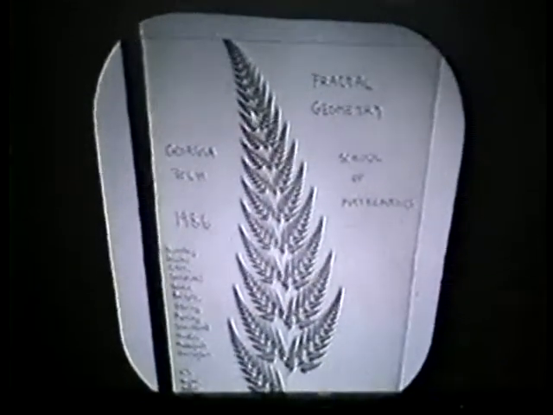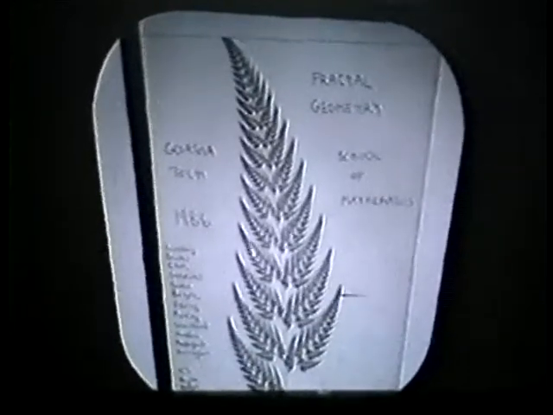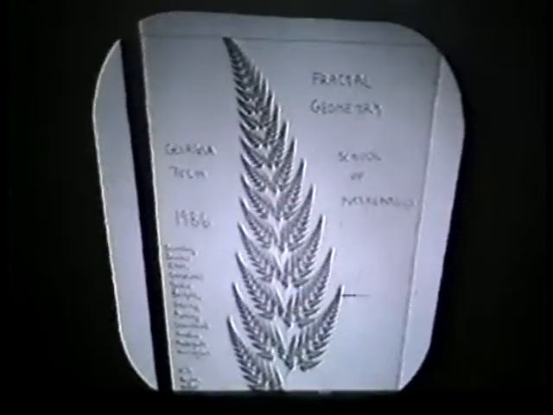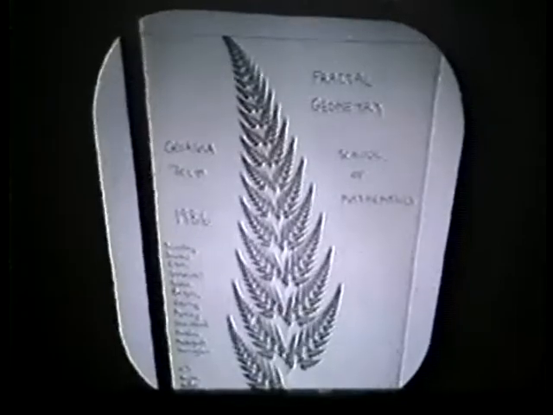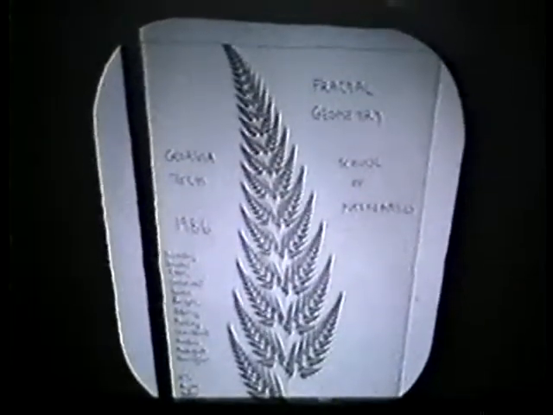This is a picture of a blackwood fern, familiar from any trip to the woods in the springtime. However, this fern has never seen the woods. This fern was produced on the computers of a bunch of people at Georgia Tech. What they said was, let's produce an object which contains within it a small copy of the same object, and then a smaller copy of the object, and a smaller copy again.